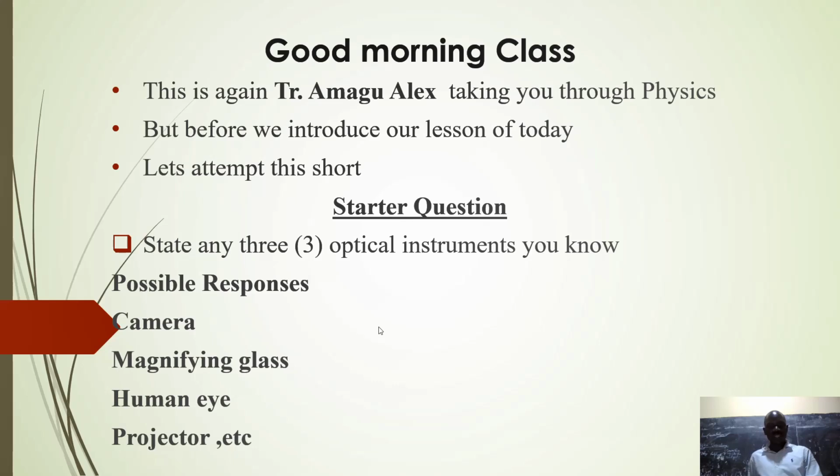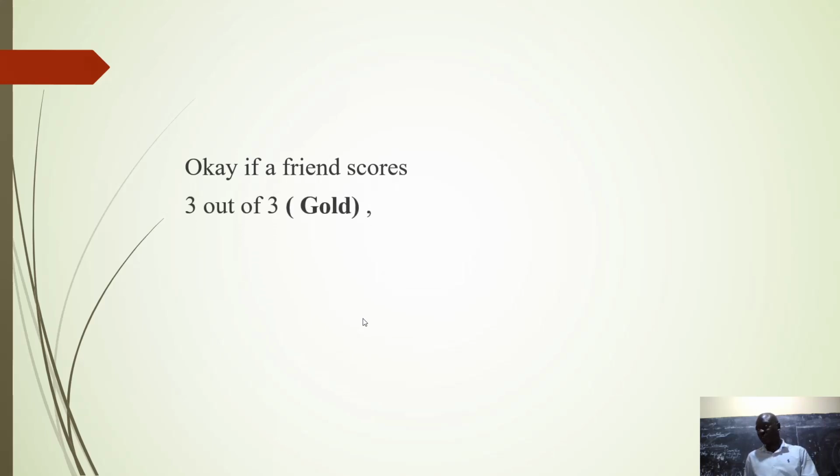So let's go to the scale on the score. If a friend scores 3 out of 3, write 3 out of 3, then you give a comment of gold. If a friend has 2 out of 3, you give a comment silver.